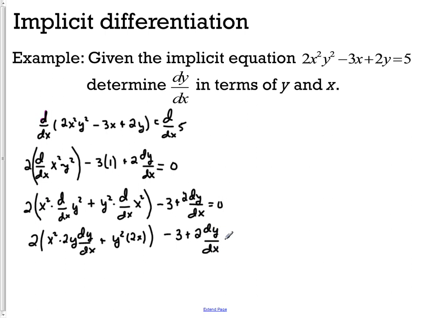And the rest of this now becomes one huge algebra problem, right? We have 2 times x squared times 2 times y times dy dx.